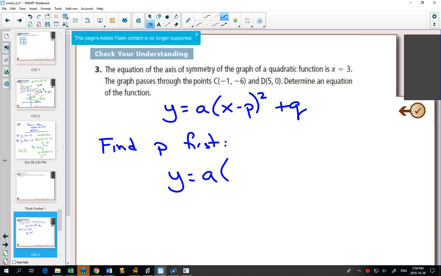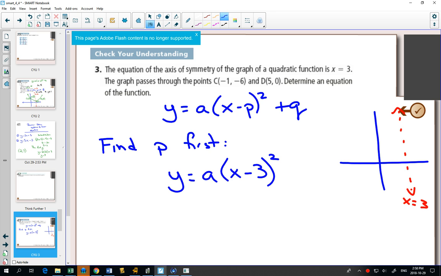Since the axis of symmetry is x equals 3, that means if I drew a picture of this, you know that your vertex is somewhere on this line x equals 3, which means we know that p has to be 3. Okay? Now I'm going to write this with proper math language.